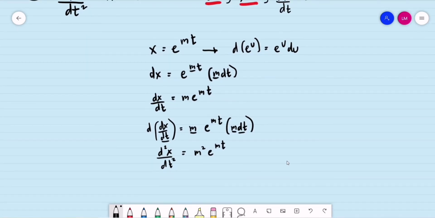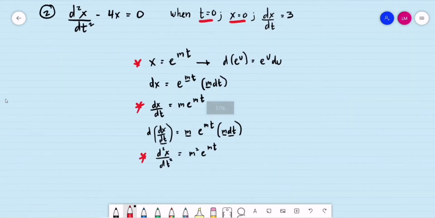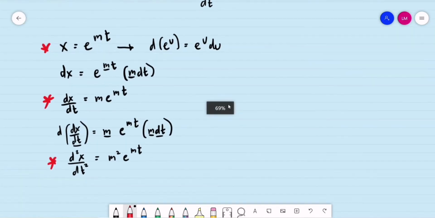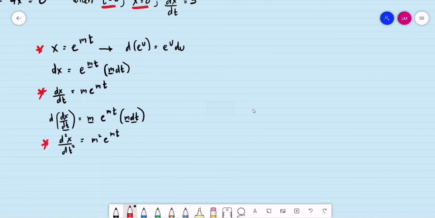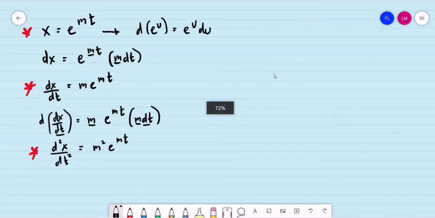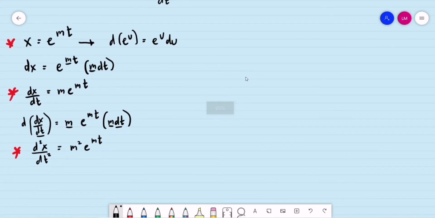So we have now the equivalent of x, the first derivative dx over dt, and the second derivative d squared x over dt squared. So let us substitute to our initial equation, that is d squared x divided by dt squared minus 4x is equal to 0.